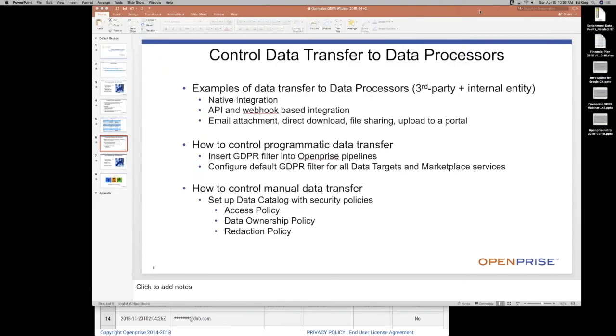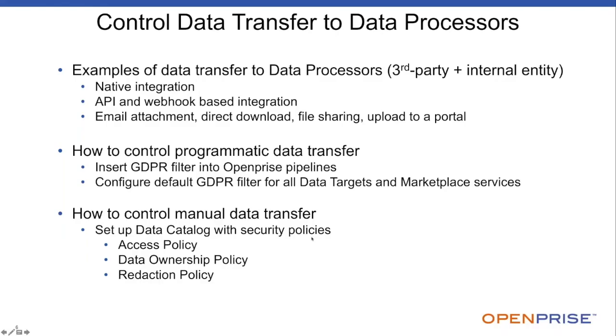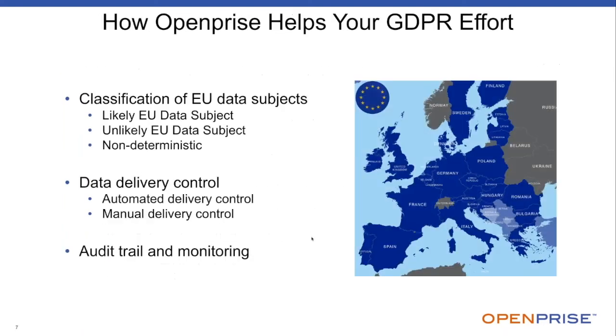All right, great. Let's wrap up real quick. We talked about the different ways we can control the data transfer. Again, the 3 things Openprise does for you: we help you with data classification. We inventory your entire database, and after we clean and enrich it, put it into one of the 3 data classification categories: likely EU, unlikely EU, and non-deterministic.